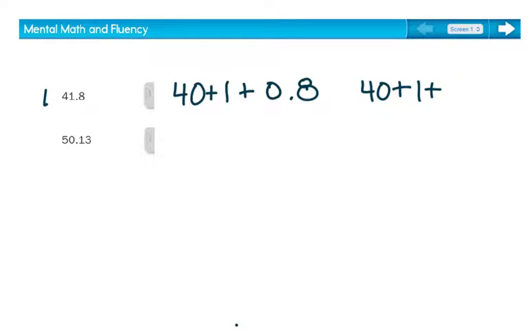So let me show you how to do this first one. I could write it as 40 plus 1 plus 8/10, or I could write it 40 plus 1 plus 8 times 1/10.